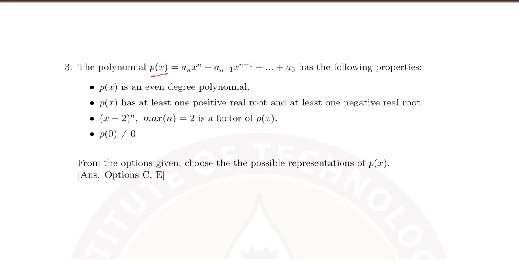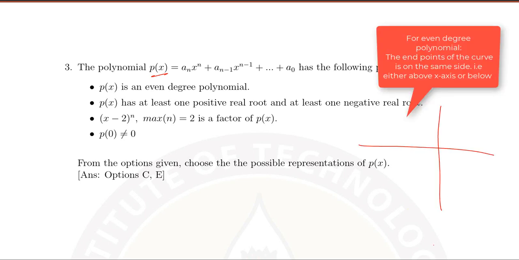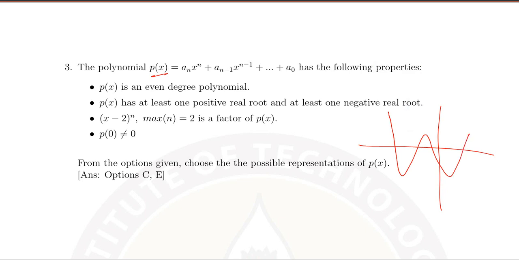So for an even degree polynomial, we know the end points of the curve will be on the same side. So what we see is the end points are on the same side. On the same side in the sense that the curve overall does not cross the x-axis, but rather returns to its end. On the contrary, I can give another example here.